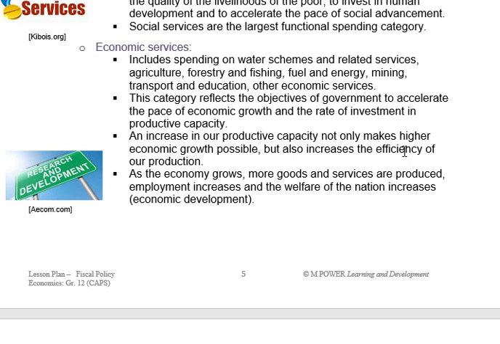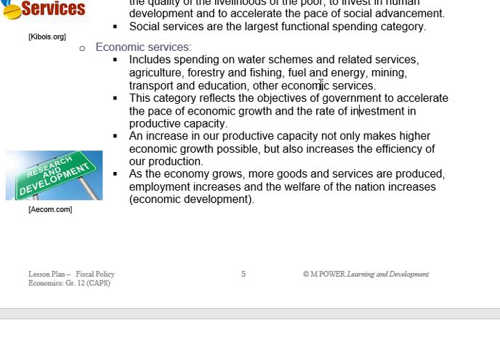So this category will reflect the objective of the business to create economic growth. They want to increase our productive capacity so that economic growth can increase in the country, and make the efficiency of production better. Any kind of infrastructure is here. If you look at that list, water schemes, water pipes, making water provision available to people, that's infrastructure.